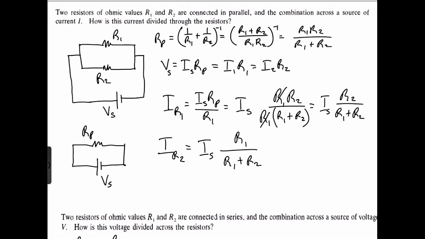For the current through the targeted resistor, the resistor in the numerator is changed. If we want to find the current through R1, we use R2 in the numerator. If we want to find the current through R2, we use R1 in the numerator.